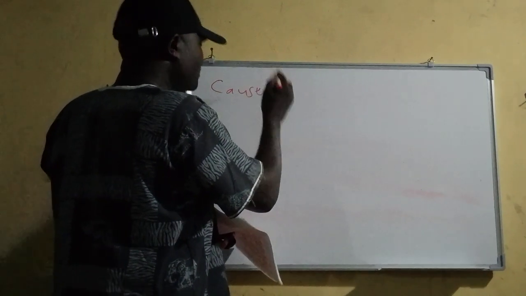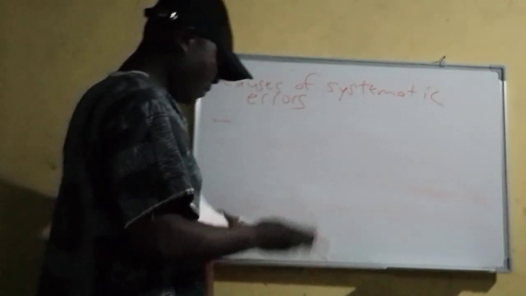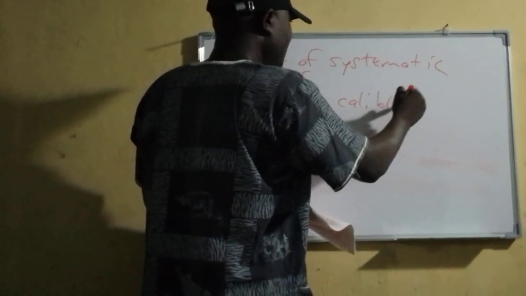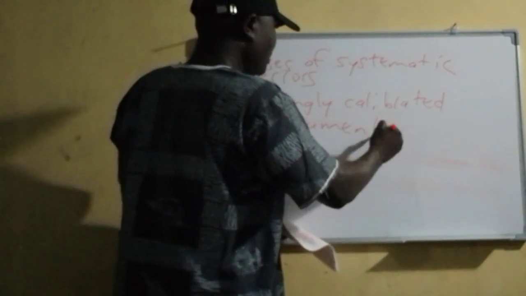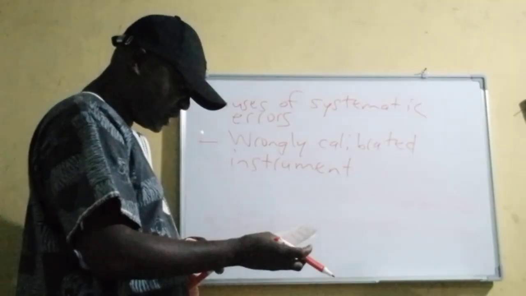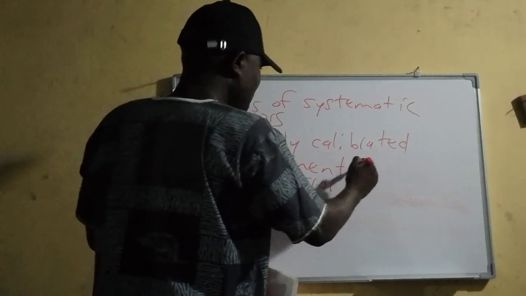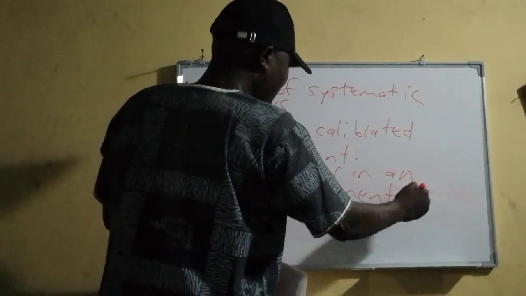Causes of systematic errors: a wrongly calibrated measurement instrument is a cause of a systematic error. Again, zero error in an instrument is a cause of a systematic error.